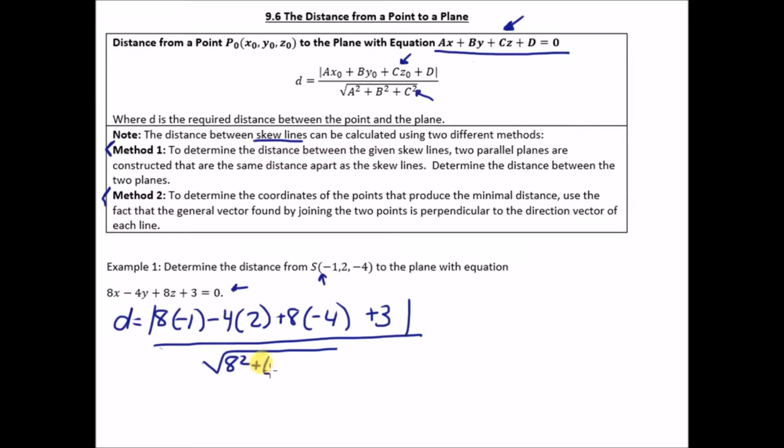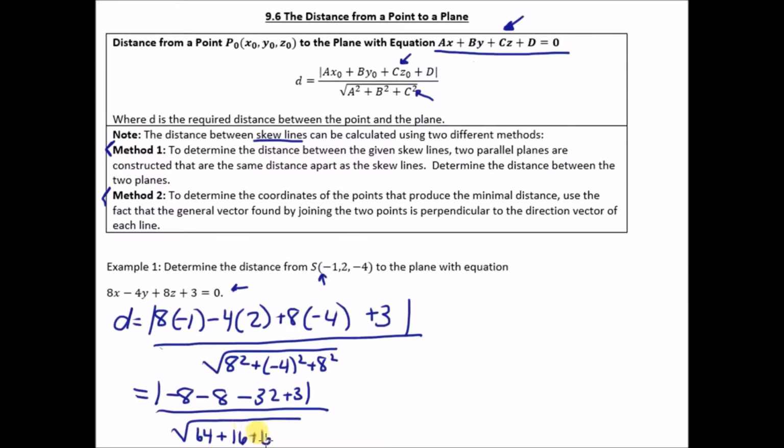Let's just simplify this. I get -8 minus 8 minus 32 plus 3 on the top, and on the bottom, I get 64 plus 16 plus 64.